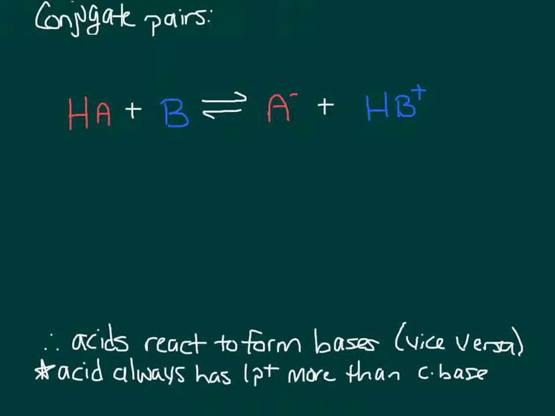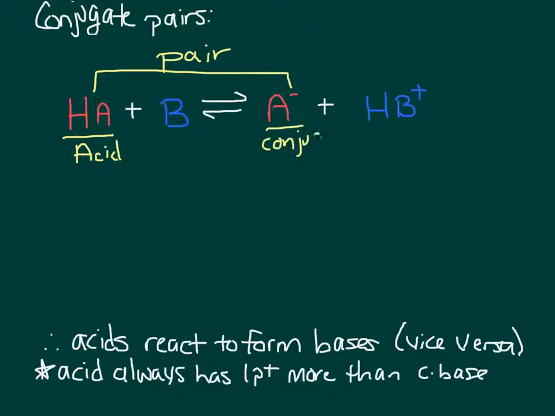So this is color coordinated for a reason. We have HA and A-. So HA and A- is what we call that conjugate acid-base pair. HA is our acid. A- is therefore what we call a conjugate base.